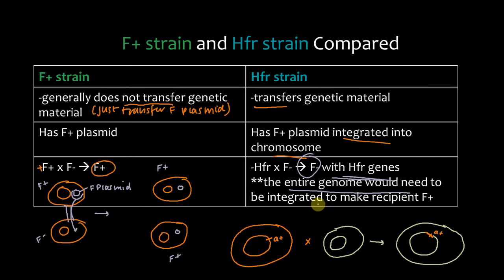The entire genome would need to be integrated to make a recipient F plus; it would have to pop out to produce a plasmid, pop out of the bacterial genome.